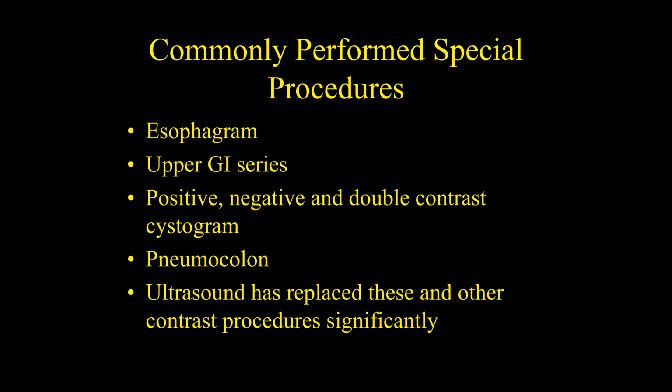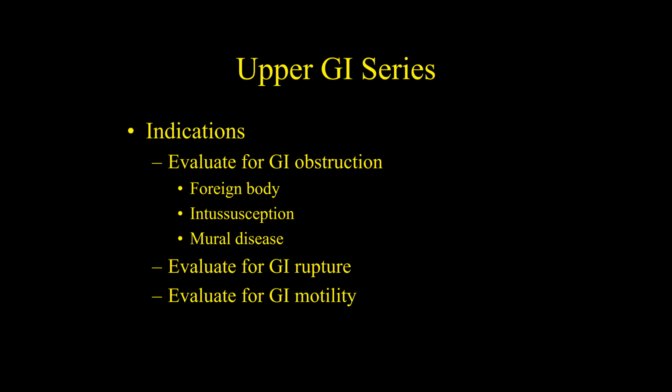A pneumocolon study, we already talked about that. You place a catheter into the dog's rectum and blow up the colon with gas, which helps us radiographically differentiate colon from small bowel. That's the typical use for a pneumocolon study. Again, ultrasound has replaced most of these.